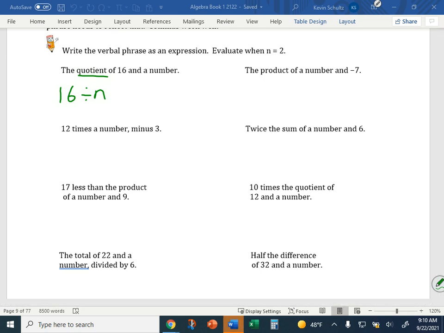If you want to write that vertically as a fraction, it's going to be 16 divided by a number. Either way is acceptable. When we plug in 2 for n, in both cases, we get 16 divided by 2. We get 8 as an answer. Okay?